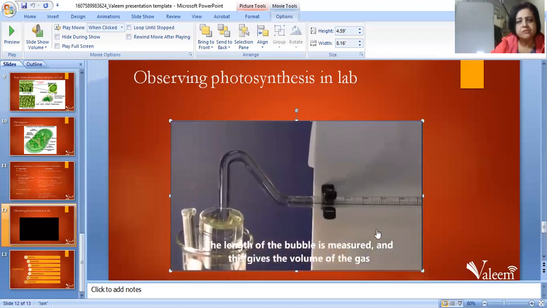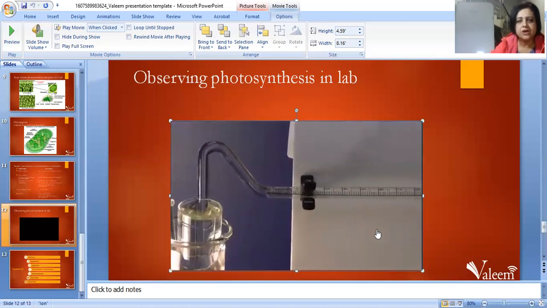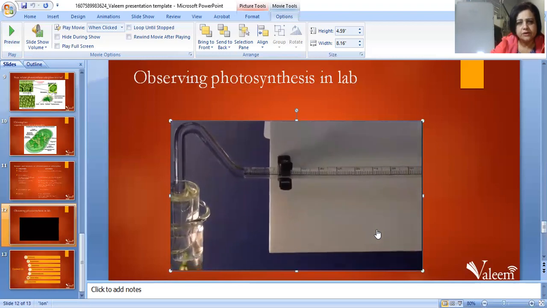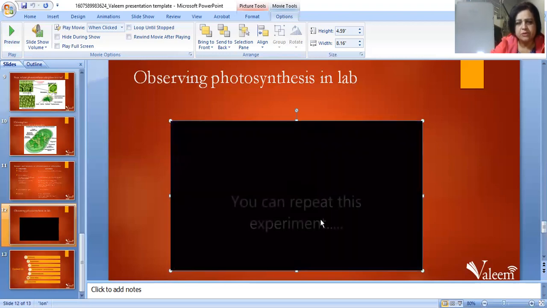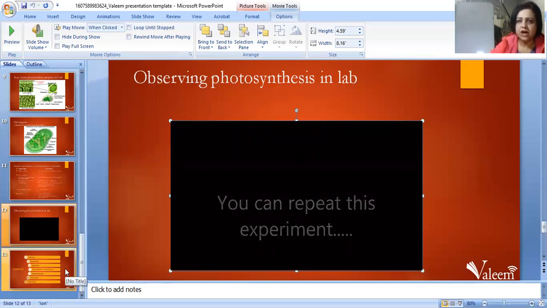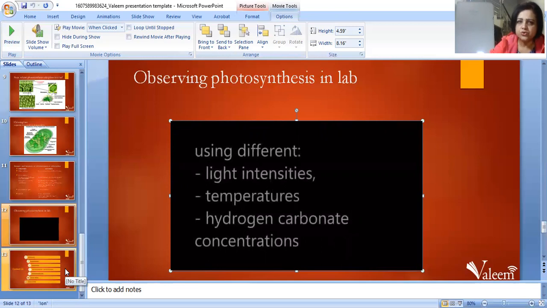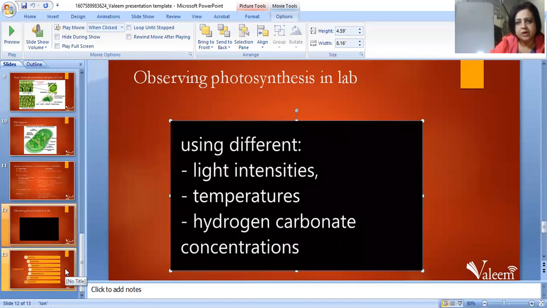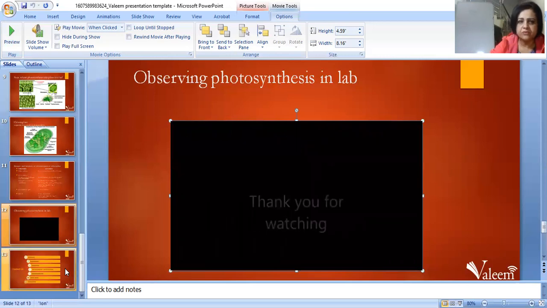So over a certain period of time, we would be able to collect a certain volume of gas in the syringe. You can see a bubble moving in it. So this is how the experiment is carried out, and I usually keep showing you different videos related to experimental activities or different animated videos needed for it.